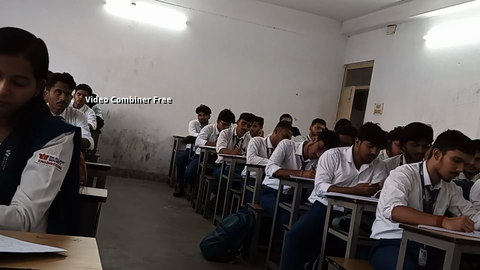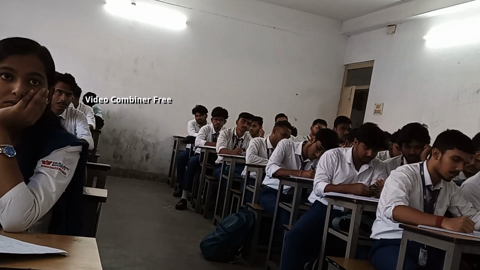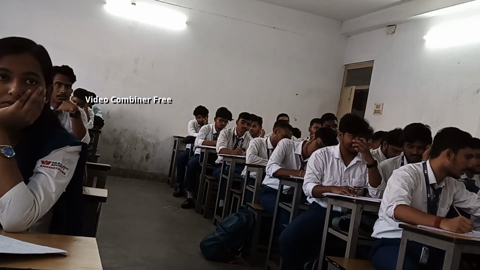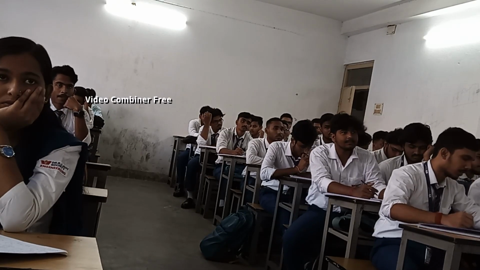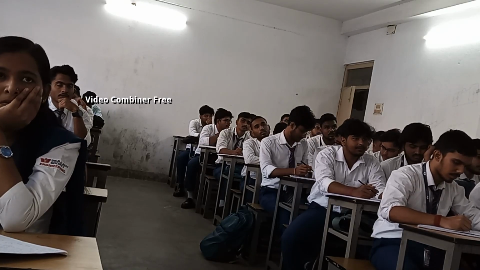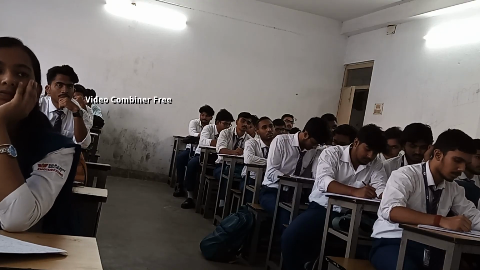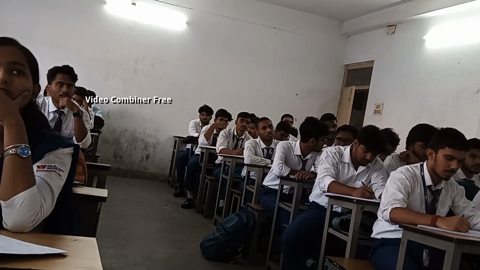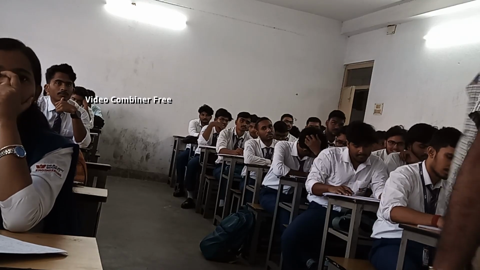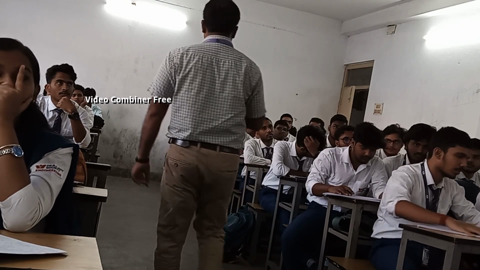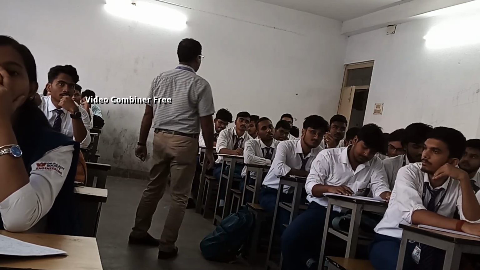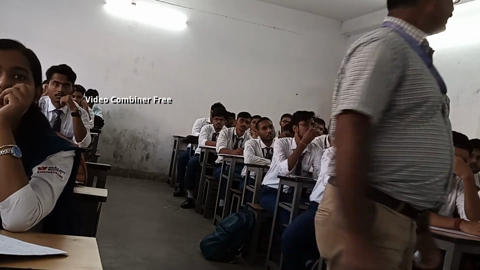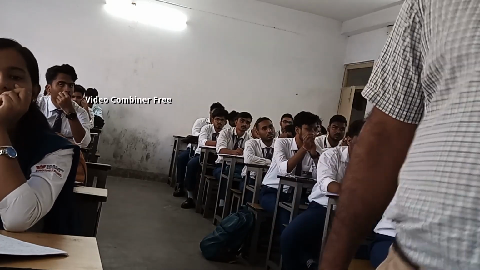We have the total derivative as df by dx and the partial derivative as del f by del x. That means when we differentiate f with respect to x, y and z remain constant. That is called the partial derivative, that is, we get the derivative partially.